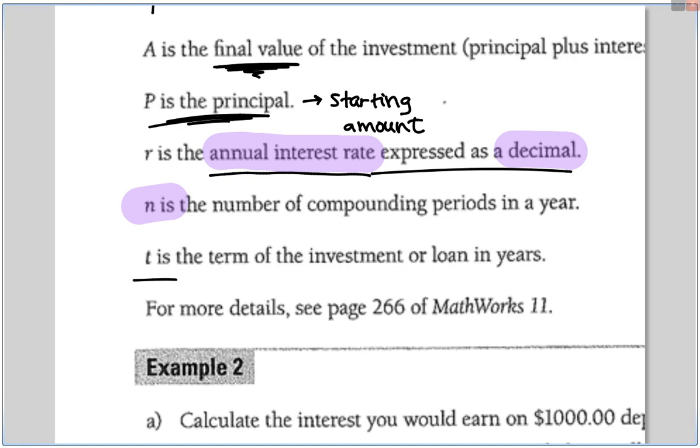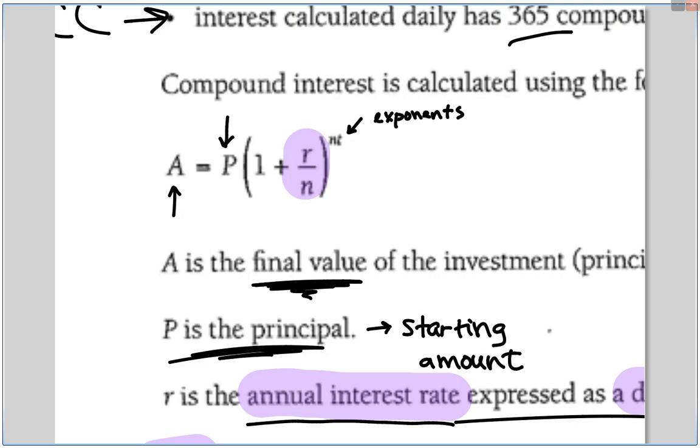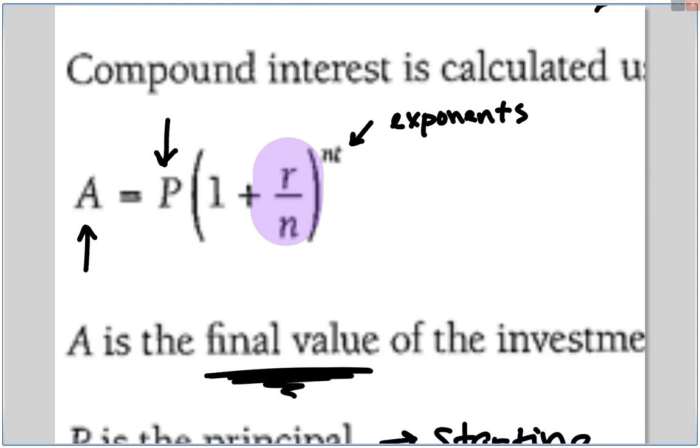And T will be the time, of course, in years. So for example, if T was 2 years, say T is 2. And N is 12. Let's say N is 12. That would represent monthly.